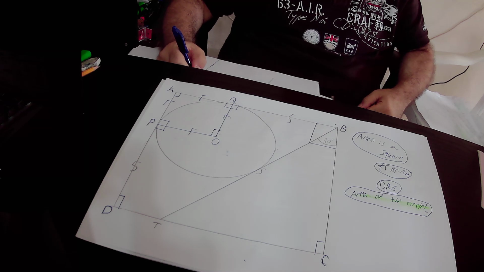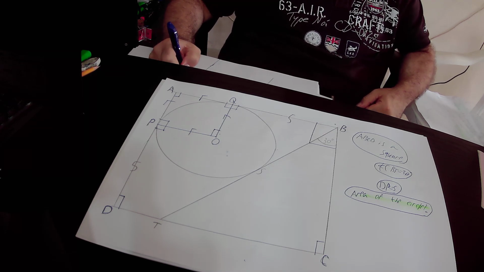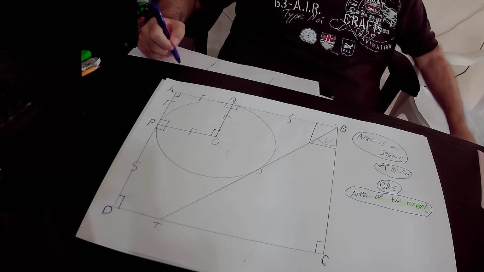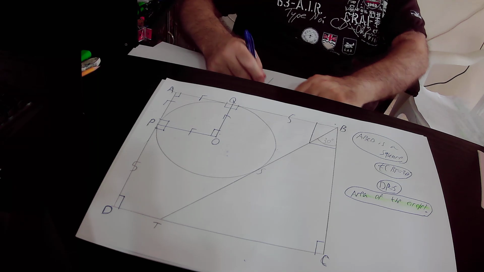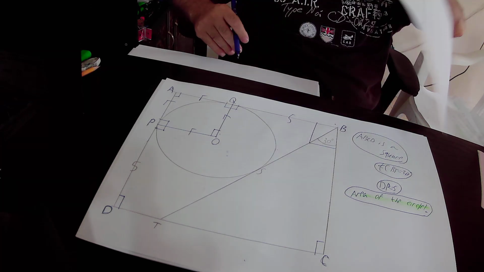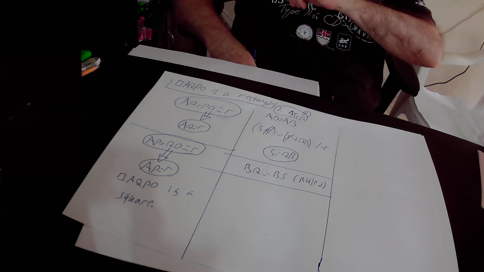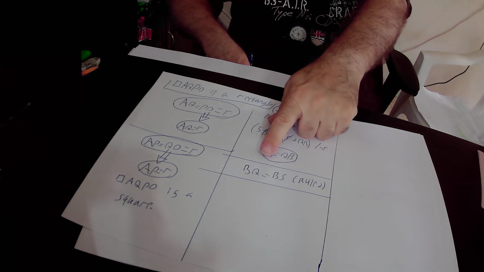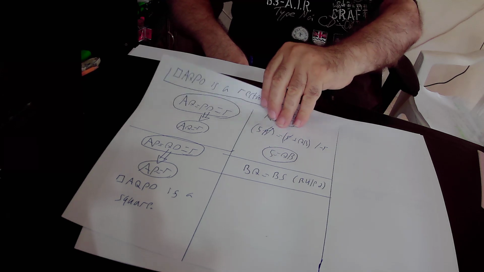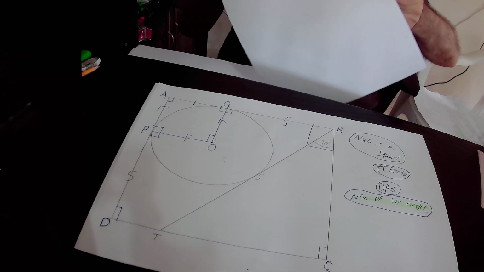And according to rule number 2, they are equal to each other. That is to say, BQ equals BS according to rule number 2. But we have already found out that BQ equals 5 units, so you can write here that BQ equals 5.